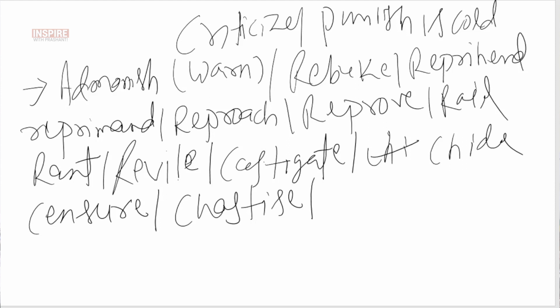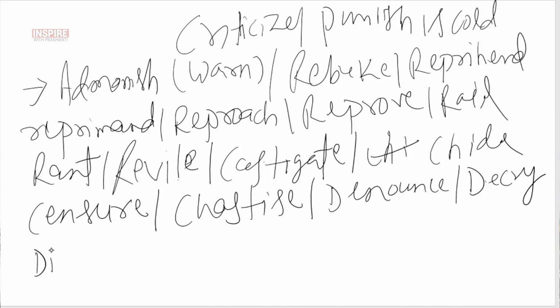Then I move immediately to D series. Up after C, the words like denounce, the words like decry, the words like diatribe. I told you it's a big family, right?